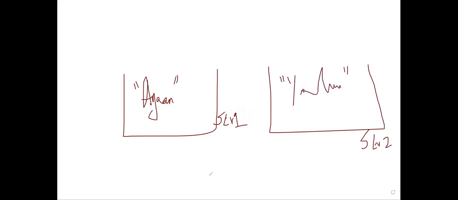Now depending upon what I store here, the type of the bucket also changes. This will be a string bucket, and this will also be a string bucket because I'm storing names here instead of numbers.